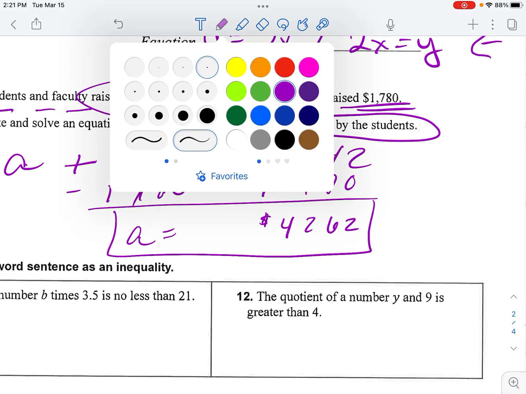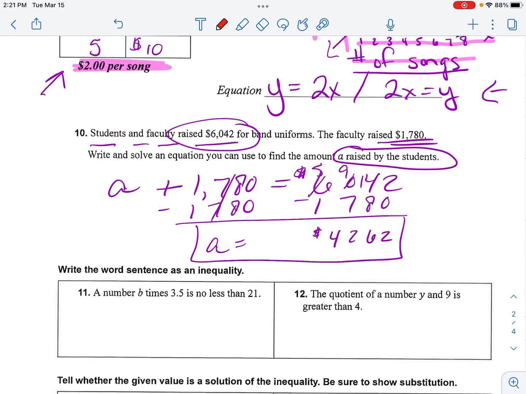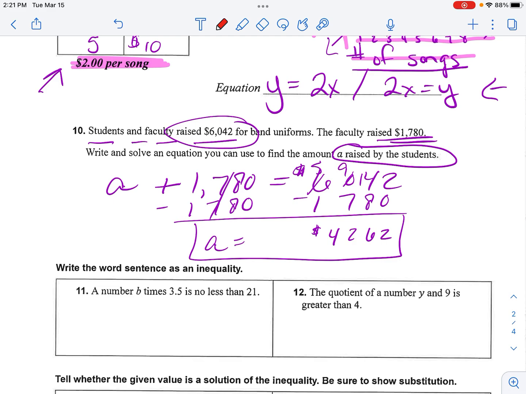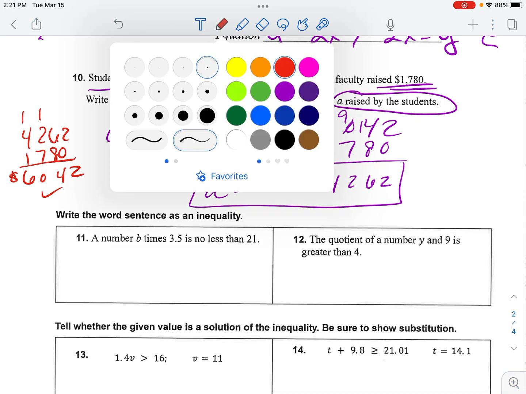So it looks like the students raised 4,262. Let's make sure that makes sense. The students raised 4,262. The faculty raised 1,780. Let's see if that is 6,042 altogether. It is. It makes sense.